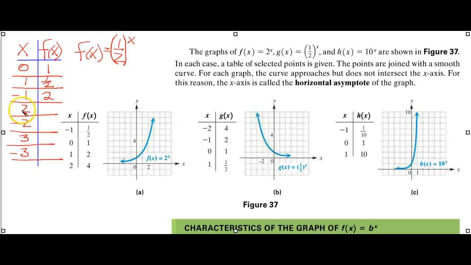1/2 to the second power is 1/2 times 1/2, which is 1/4. And to the -2 power, again, the reciprocal. And then 1/2 to the third power is going to be 1/8. I said it correctly, but I put it in the wrong slot here.